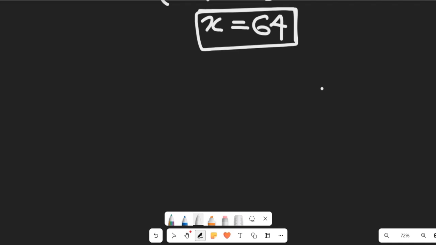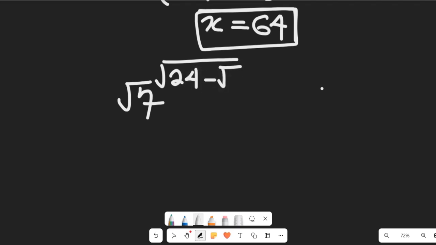Let's find out. From that expression, we'll have the square root of 7 to the power of the square root of 24 minus the square root of 64. Now, is this going to give us 49?